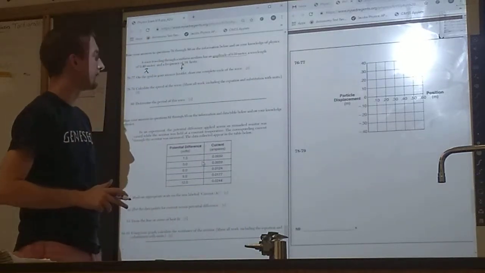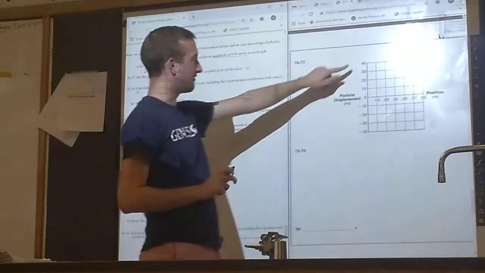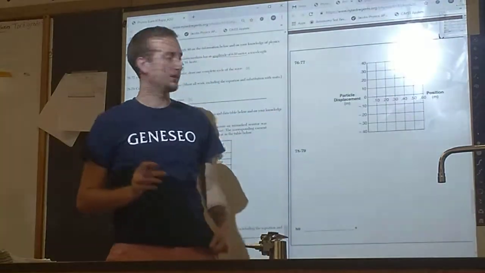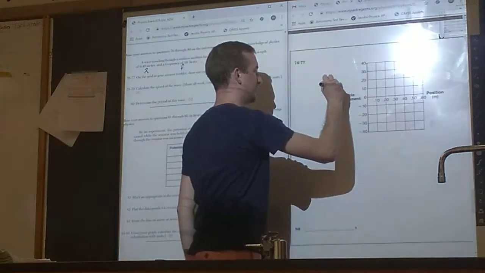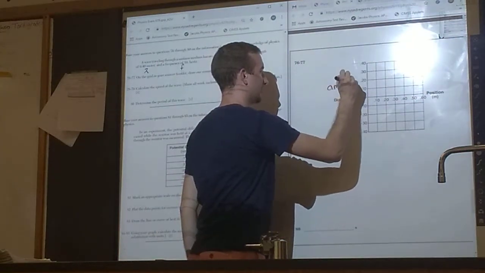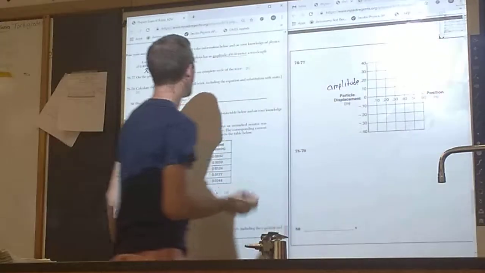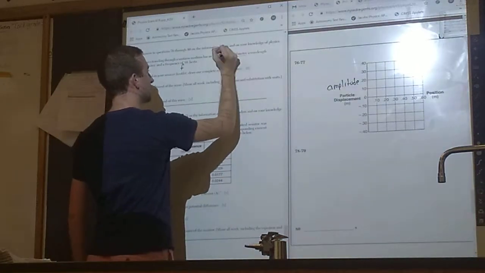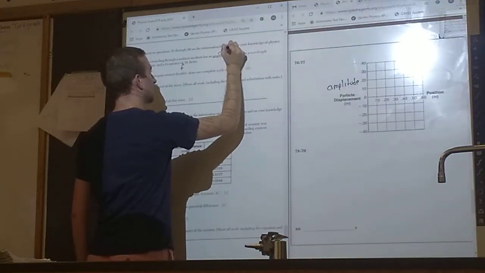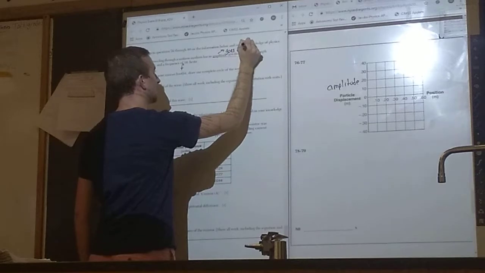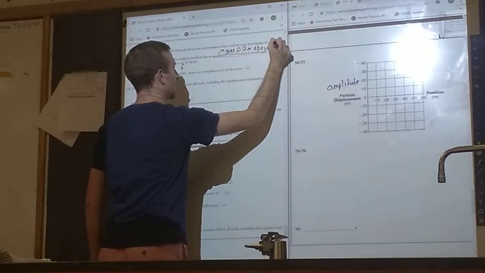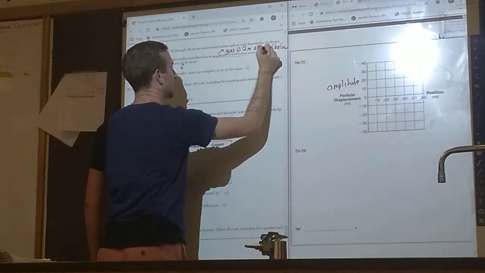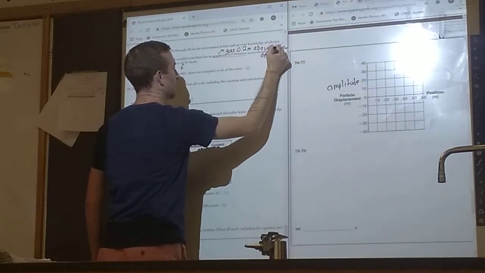Okay? So, it's very important to read the axis on this. On the y-axis, we have particle displacement. Essentially, what that really means is amplitude. When we see the amplitude is 0.2 meters, this means 0.2 meters both above and below the equilibrium position.